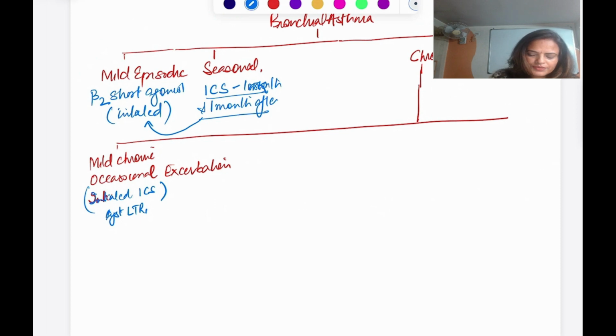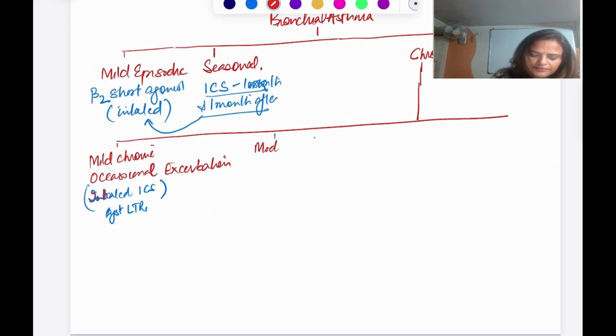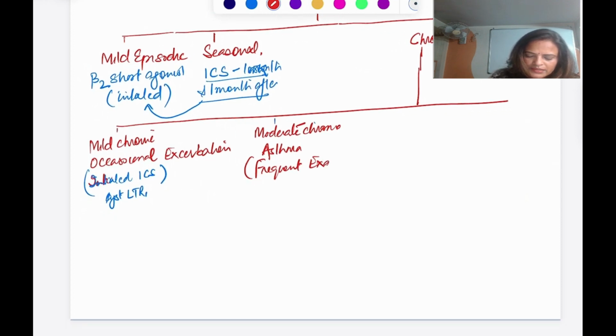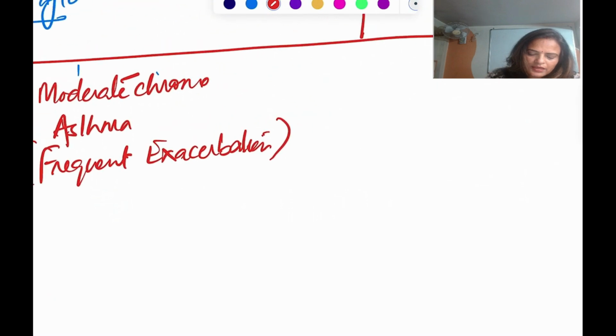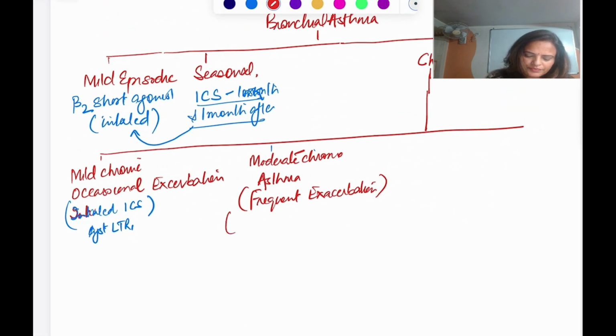Now if it is moderate chronic asthma, where there is frequent exacerbation, okay, if the patient has moderate chronic asthma with frequent exacerbation, then we have to give the patient inhaled corticosteroids with a long acting beta agonist drug.